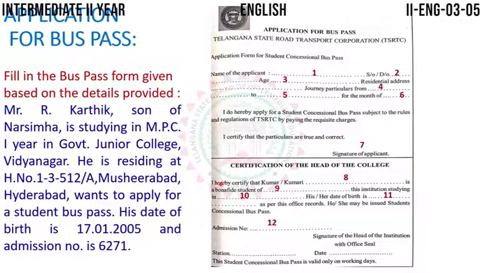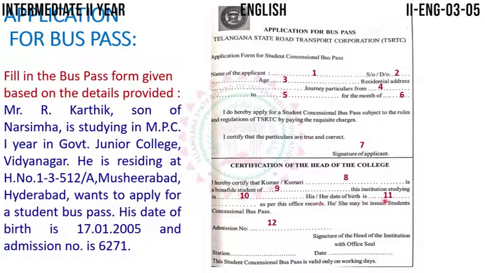In the bona fide, I hereby certify that Kumar, 8th one, who again is R. Karthik, is a bona fide student of, 9th, Government Junior College, Vidyanagar. So that will be the 9th column, Government Junior College, Vidyanagar. Okay, studying in, he is studying in which group? MPC first year. So you have to mention first year in the 10th column.